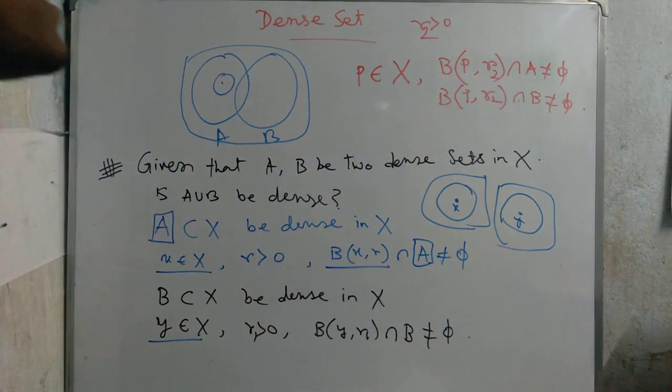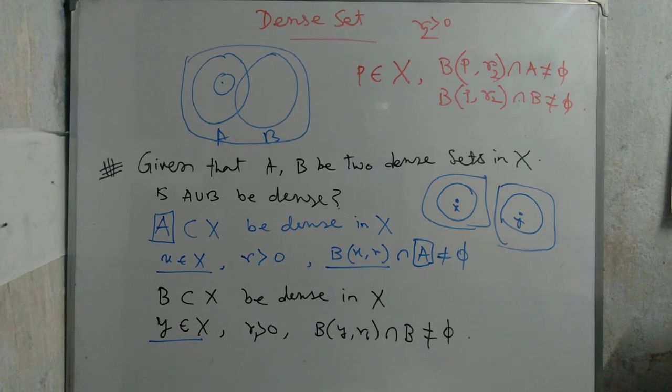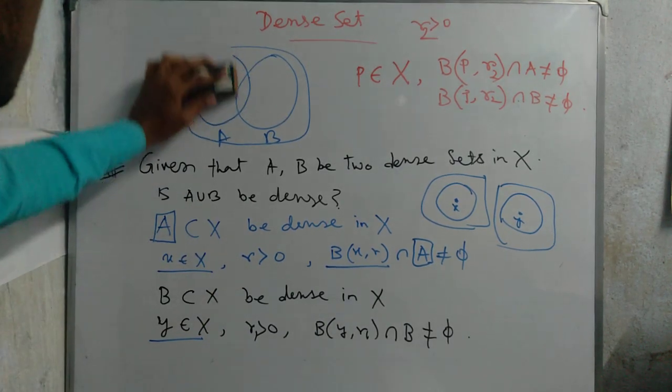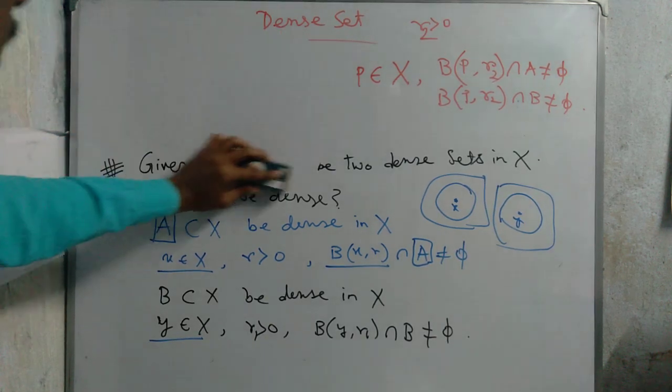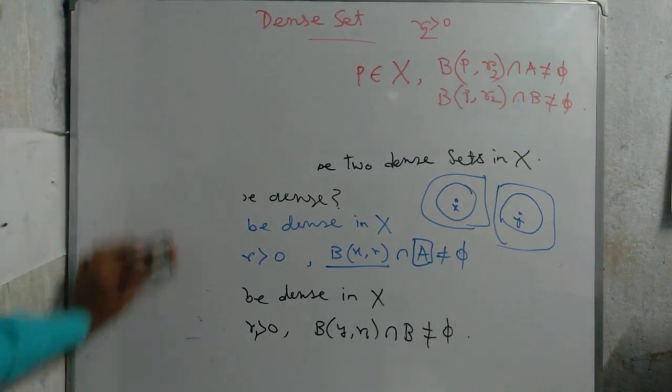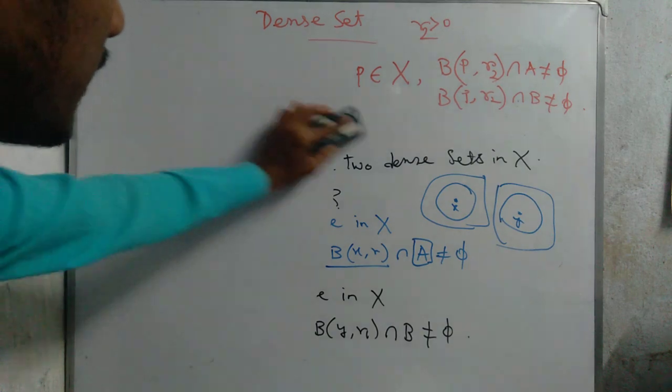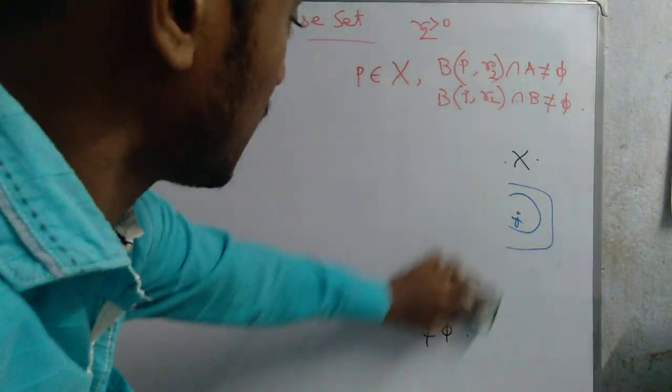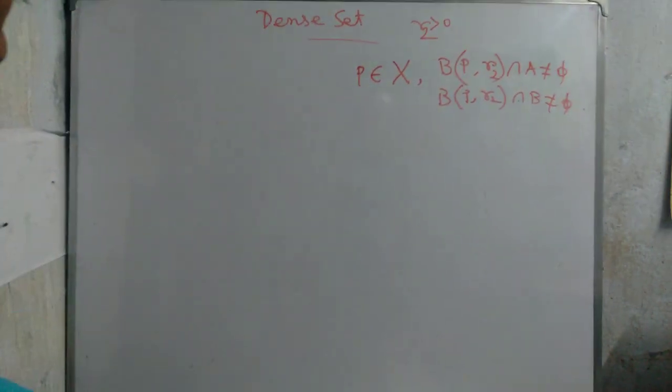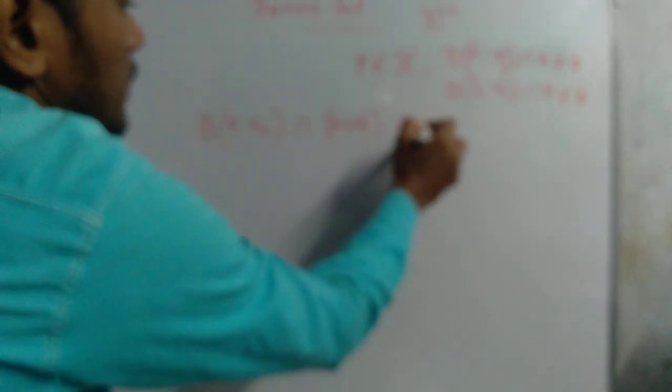Why? Because A and B are dense in X. So what happens in A union B? This one is too easy. If we talk about it this way, then we write B(p, r2) intersection (A union B) is not equal to phi.